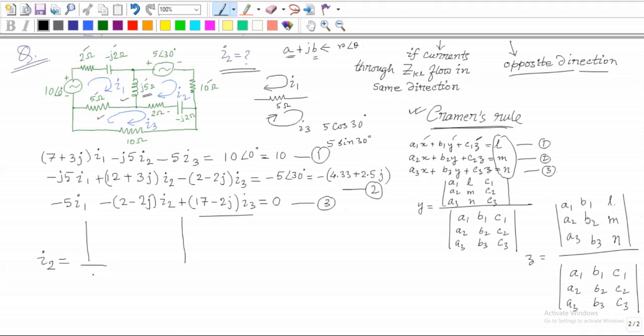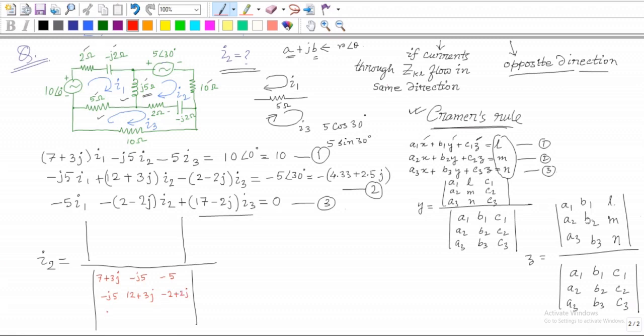According to that, how to find I2? 7 plus 3j, minus j5, minus 5, minus j5, 12 plus 3j, 10, minus 2 minus 2j. So you can write this in this way, minus 2 plus 2j.